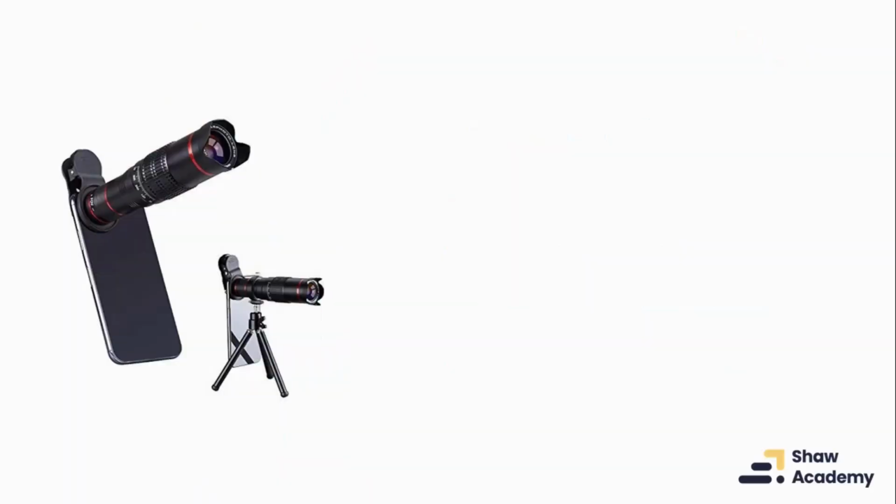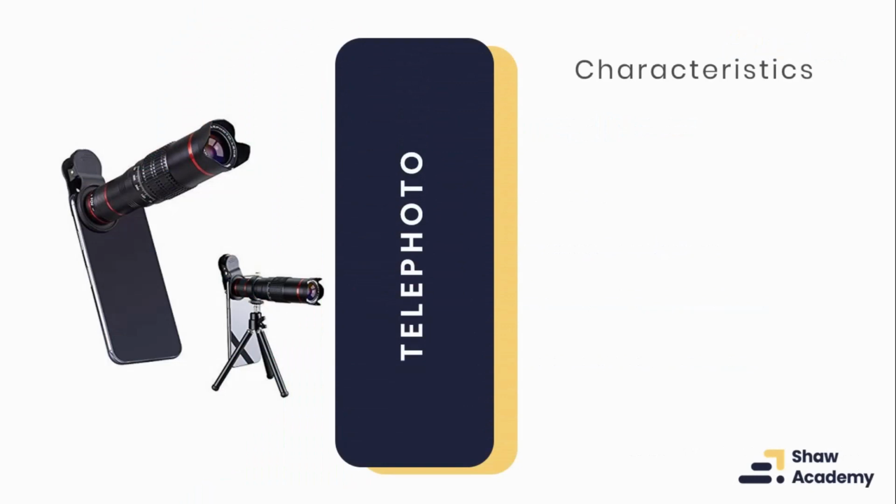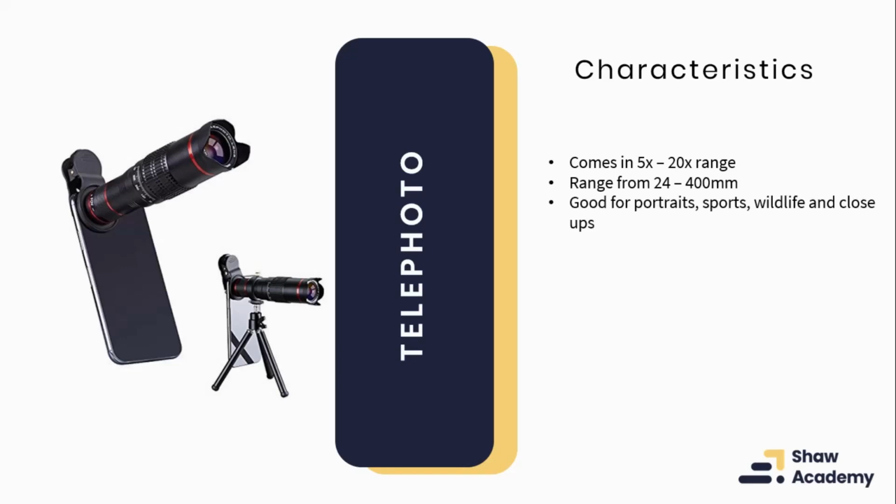Now, one of the things you're definitely going to need is a telephoto lens, a telephoto lens attachment. You may have a telephoto lens already built into your camera, depending on the type of camera that you're using, but I would recommend anything that goes within the 5 to 20x range, which would be in and around 24 to 400 millimeter equivalent.